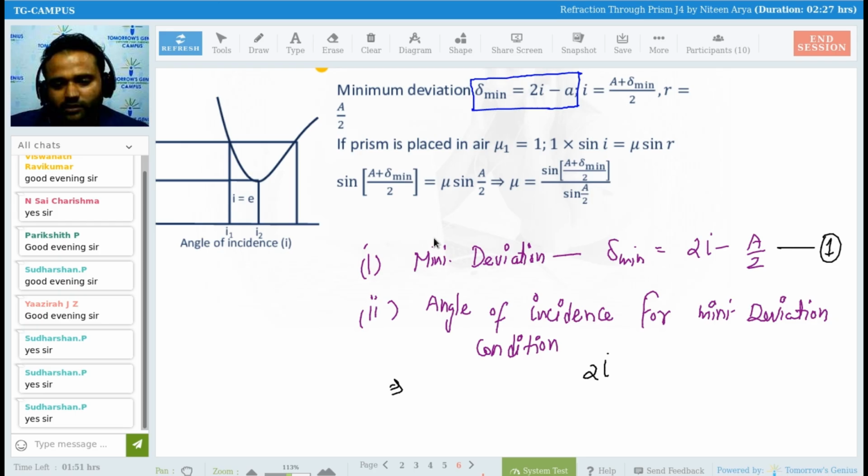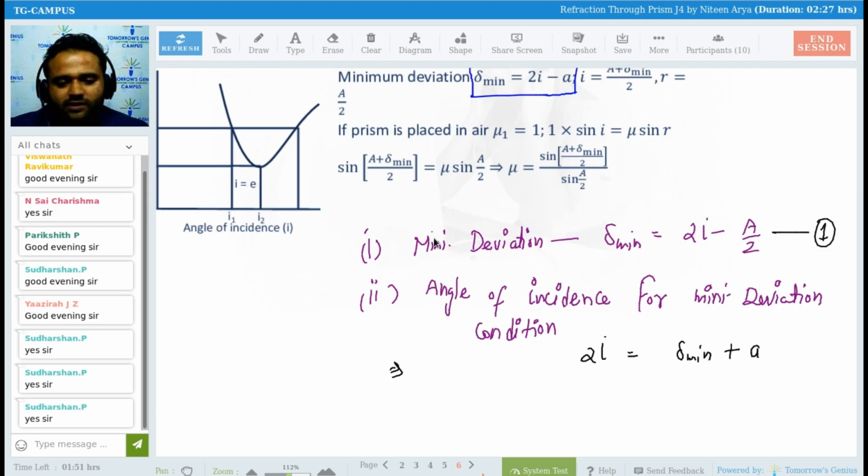in general 2I is delta plus A by 2. Is this clear? Or directly we can do that. Instead of A by 2, because it is going to be troublesome, I can write small a. Small a is automatically A by 2. Clear?